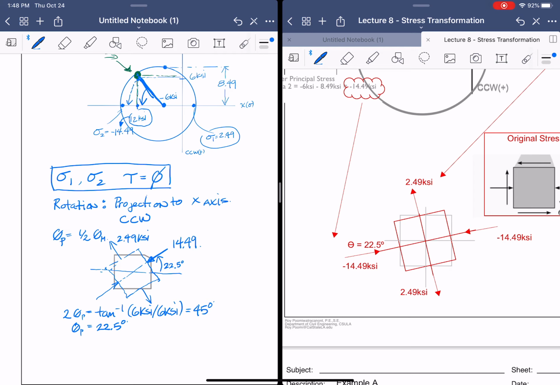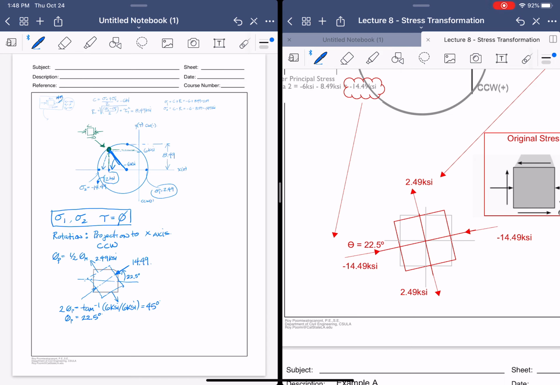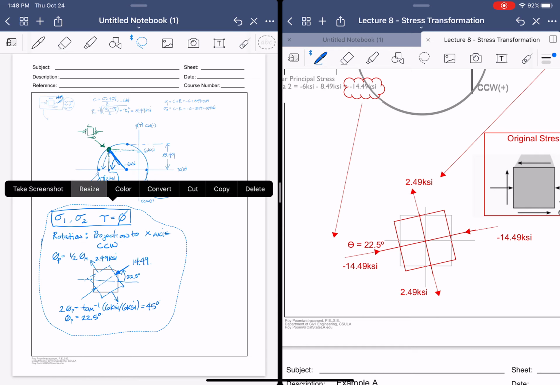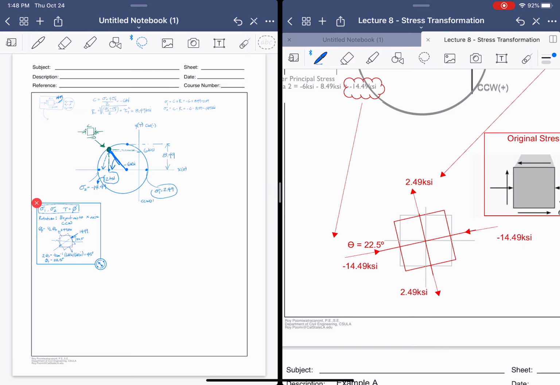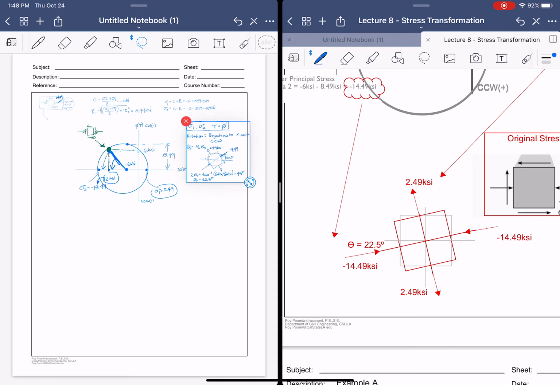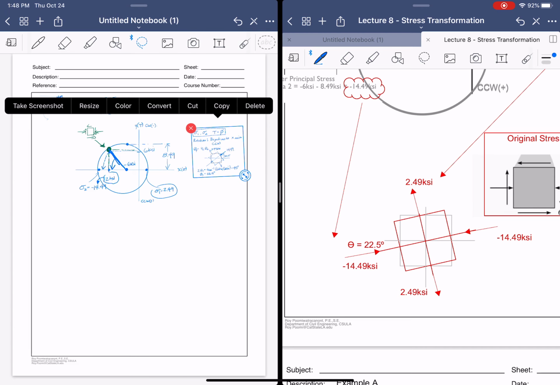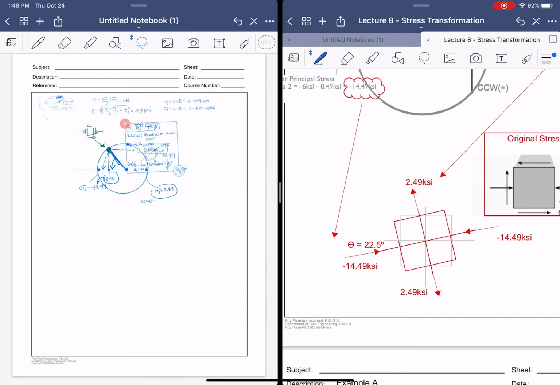Okay, great. So now we're going to focus on drawing the next one. Okay, so I'm going to resize this. Maybe we'll do it right here.